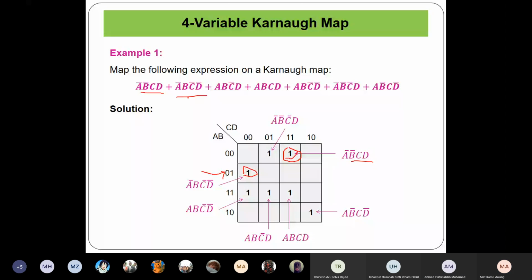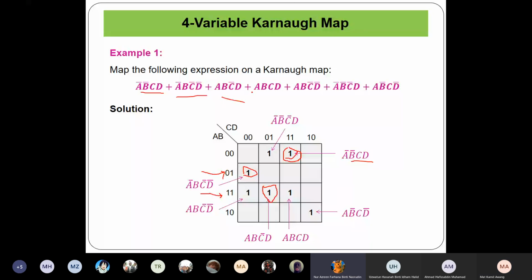The next one, A, B, C bar, D. A, B is 1, 1, so it has to be in this row, because AB represents the row. And the column is C bar D, so basically 0, 1. So this is the one for this term.